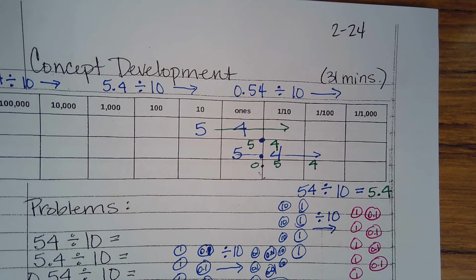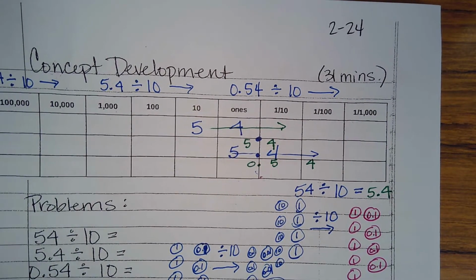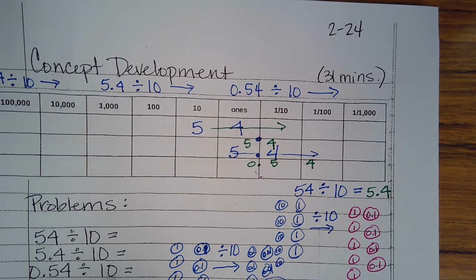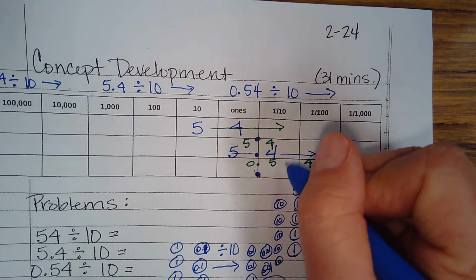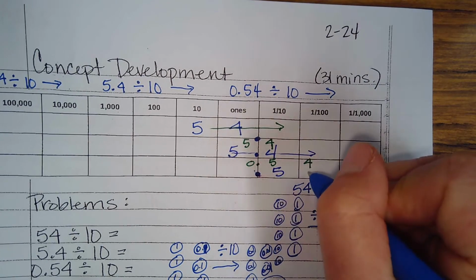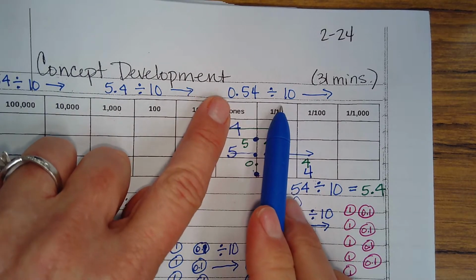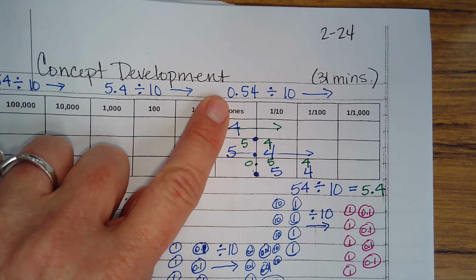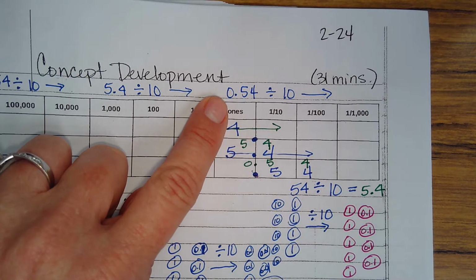Now, let's go ahead and let's divide 0.54 by 10. So if we're starting here, 0.54, and we're going to divide by 10, how many times is the decimal going to move? I mean, not the decimal. Well, I guess the decimal is going to move and the number is going to move.